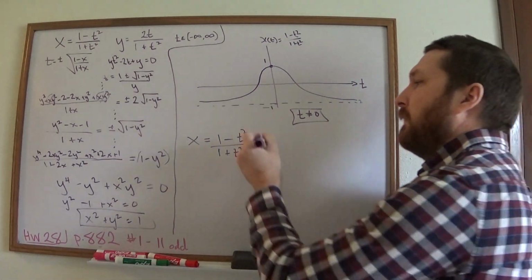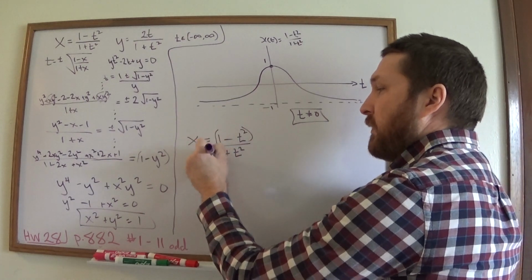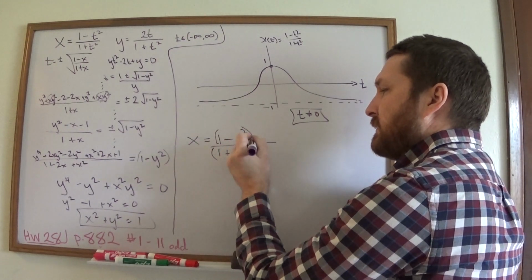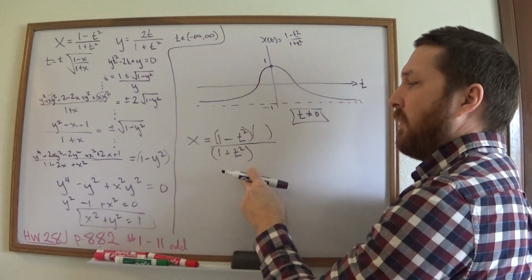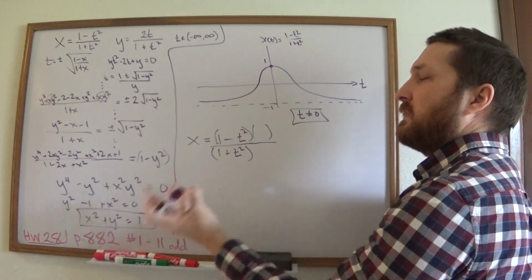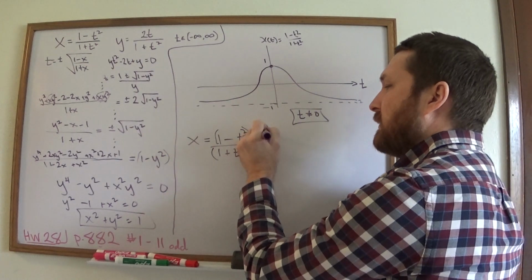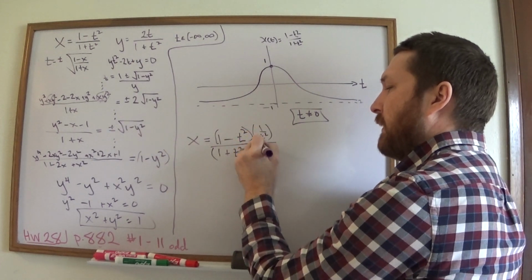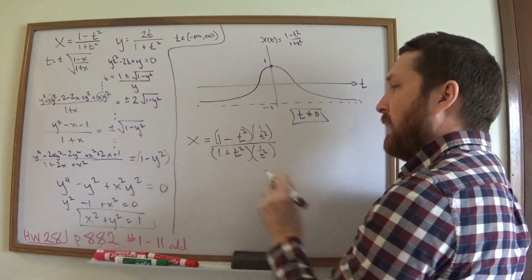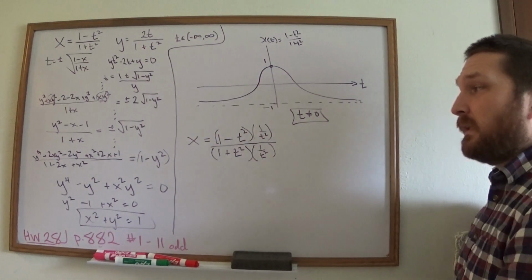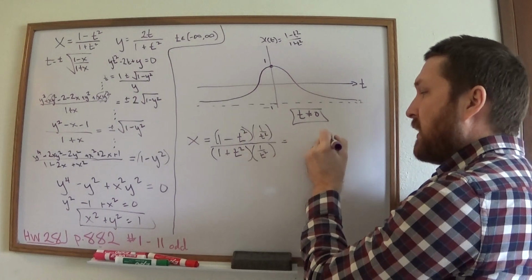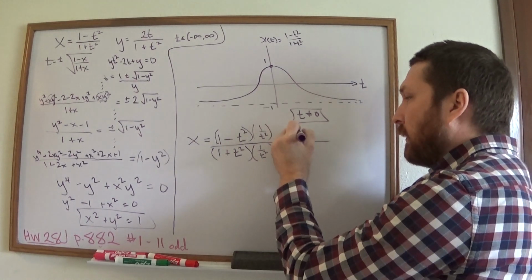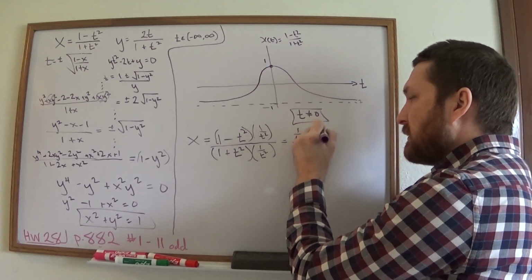In fact, I could divide by t squared if I were so inclined. This is a trick we're going to talk about in calculus, where you find the highest order power of your variable, in this case t squared, and we just divide both the top and the bottom by it. If t is not 0, this is perfectly legit, and my original equation is exactly equal to this thing right here.